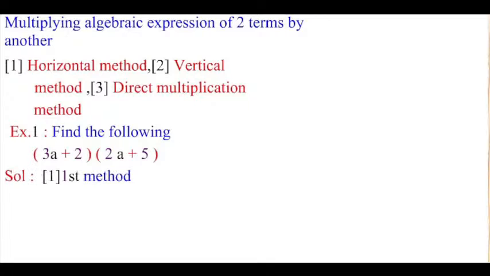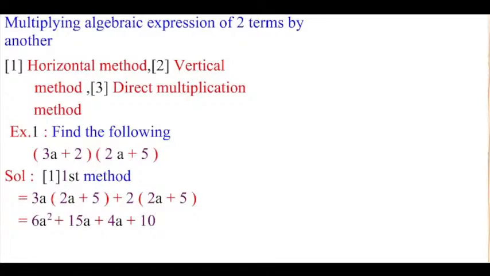Solution. Number 1, the first method. 3a times 2a plus 5 plus 2 times 2a plus 5 equals 6a squared plus 15a plus 4a plus 10 equals 6a squared plus 19a plus 10.